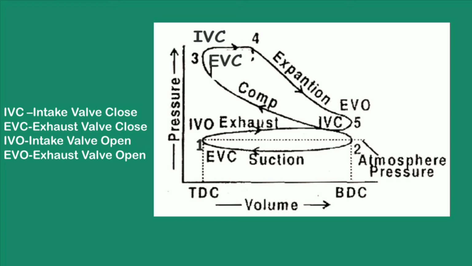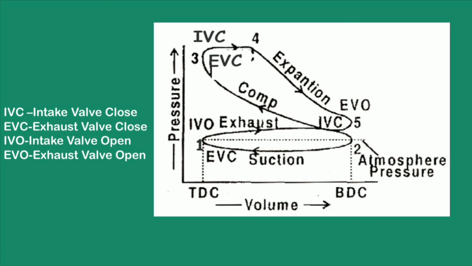Expansion stroke or power stroke. Refer to the line diagram, actual diesel cycle PV diagram 4 to 5. As the fuel ignites, it pushes the piston with full force from top dead center to bottom dead center. This force is utilized for converting into useful work.